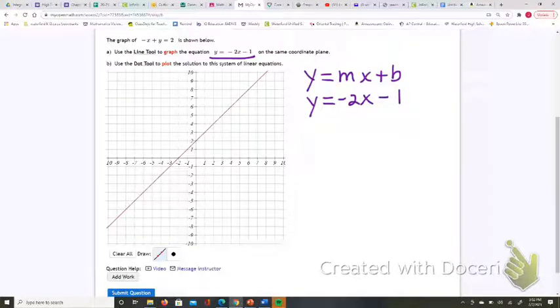So when you're graphing, you always start with the b because the b is the y-intercept. So b equals the y-intercept. So we always want to start graphing with the b, okay? And then the m is the slope.